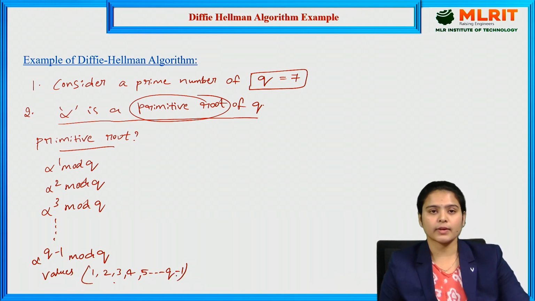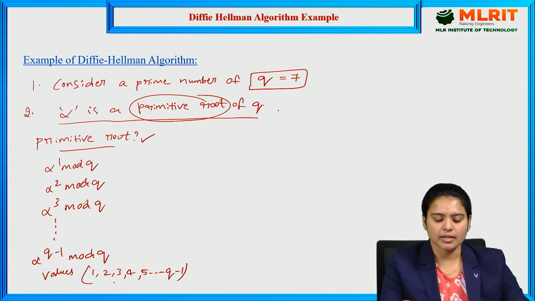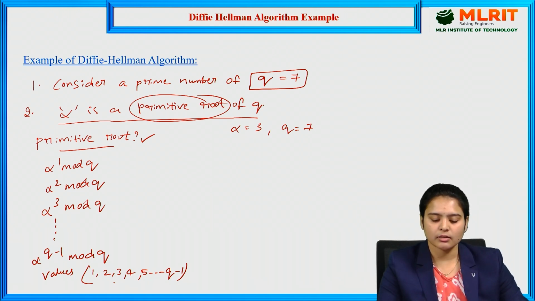Whatever values we get, they should range up to Q minus 1. That is nothing but a primitive root. So let us take an example of alpha equals 3 and Q equals 7.